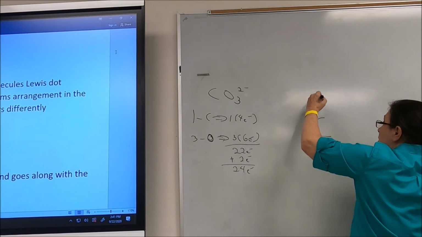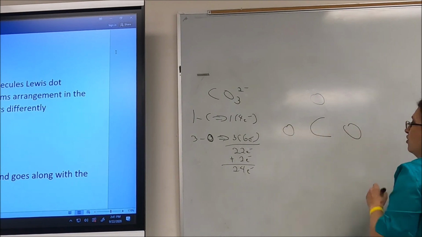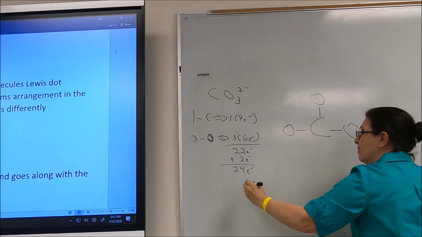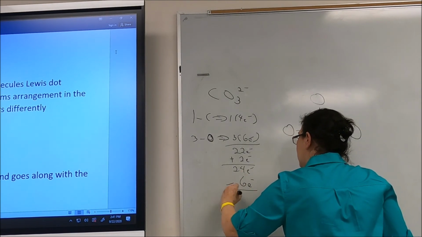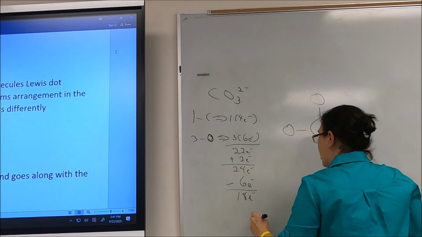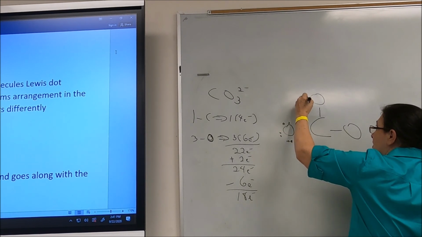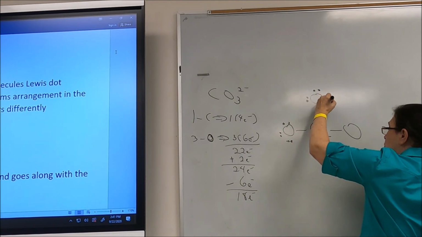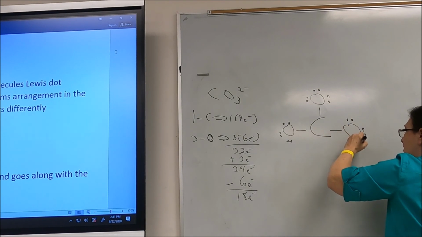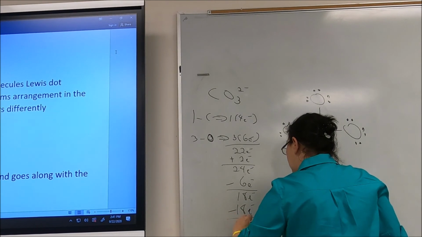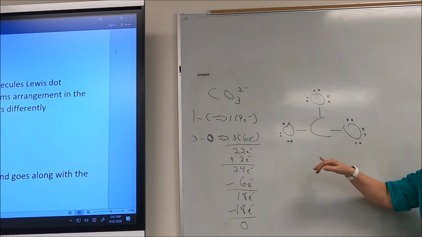Carbon's going to go in the middle, oxygen, oxygen, oxygen. Okay, connect up with single bonds, 2, 4, 6. That's 18 electrons left. 2, 4, 6, 8, 10, 12, 14, 16, 18. 0 electrons left.